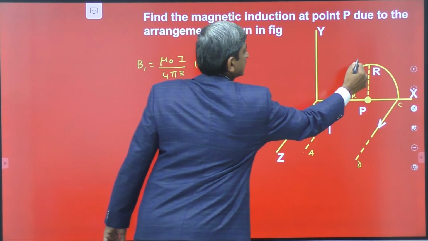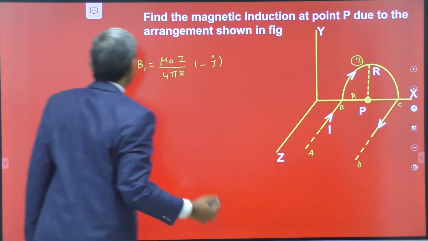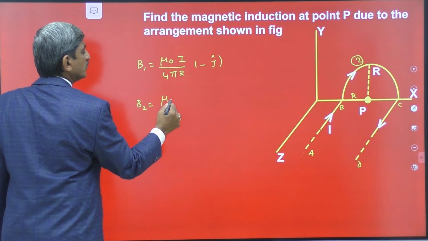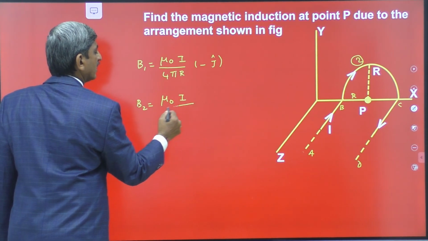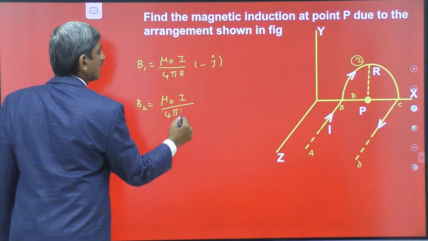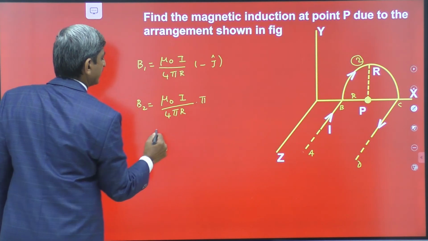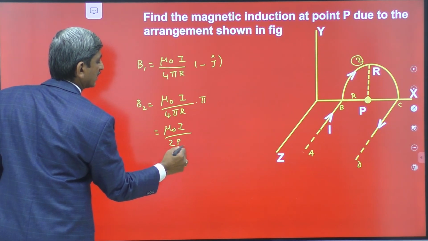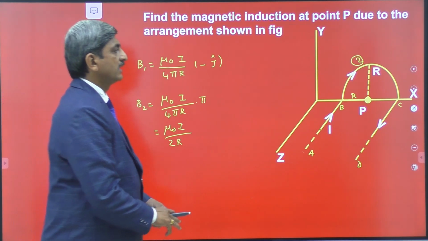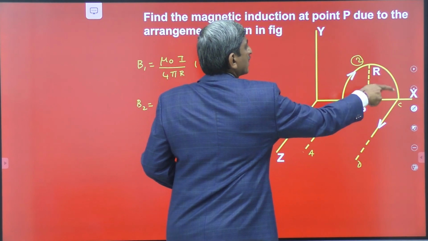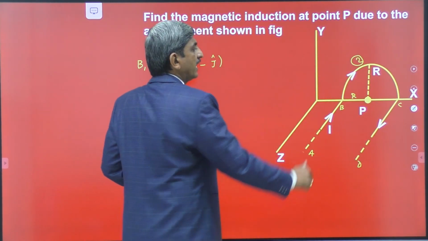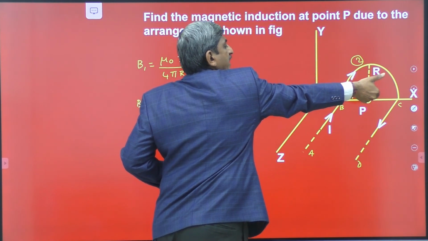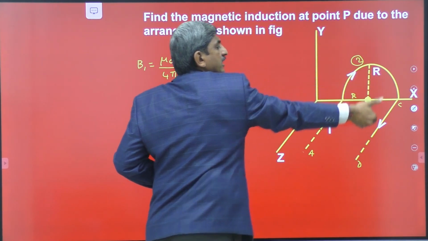Now take this semicircular arc. The magnetic field produced by a semicircular arc, B2, is equal to mu naught I divided by 4 pi r into pi, that is equal to mu naught I divided by 4r. What is the direction? Here the semicircular arc is in the XY plane and it is carrying the current like this. When we curl the fingers, the field is entering into the board, perpendicular to the board.